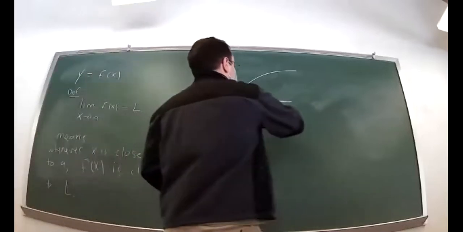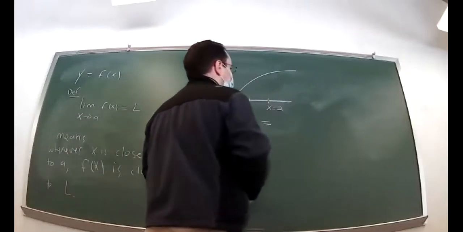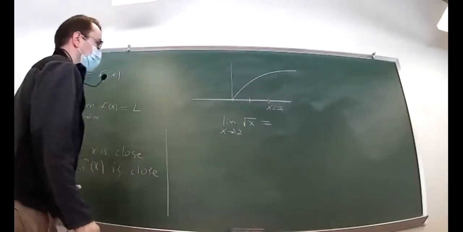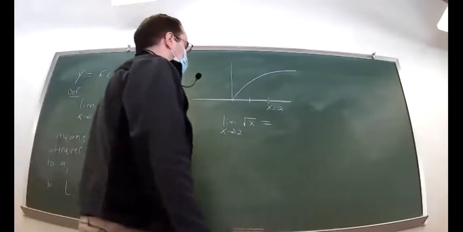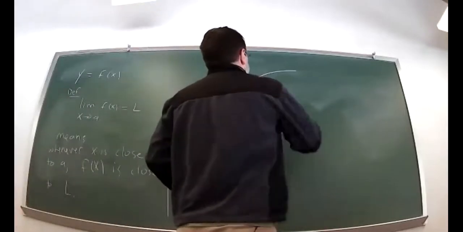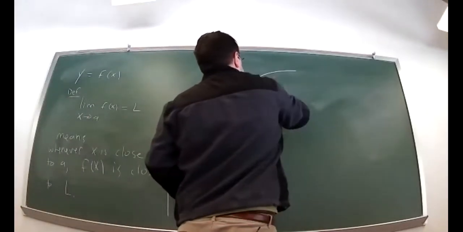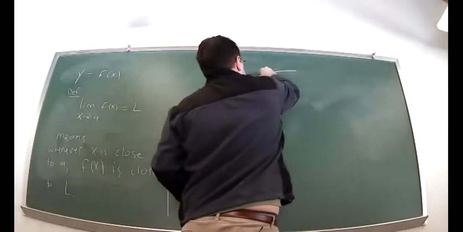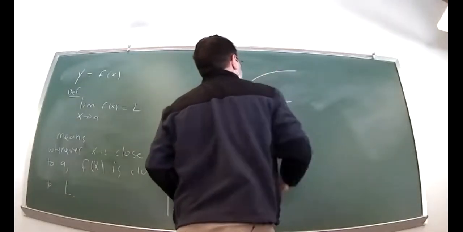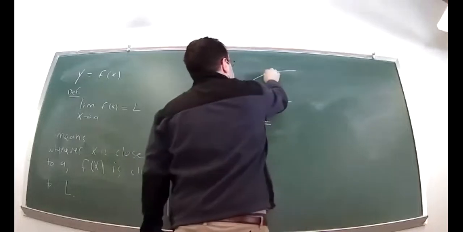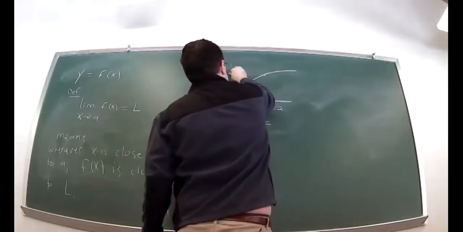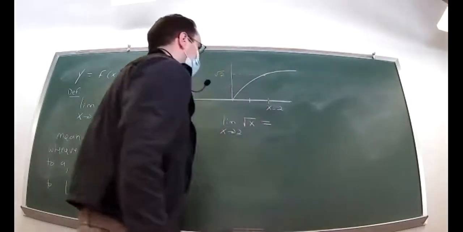You don't even need to consider x equals 2, just the things that are close to 2, but maybe not equal. And what are the corresponding y values? If I trace out this point of the graph, it's over there. And when x is equal to 2, then y is equal to the square root of 2.